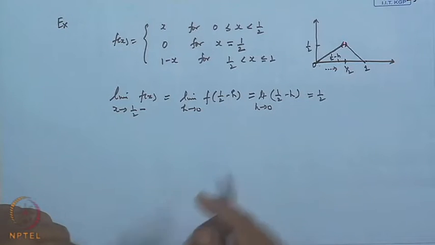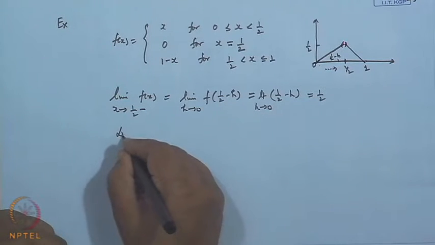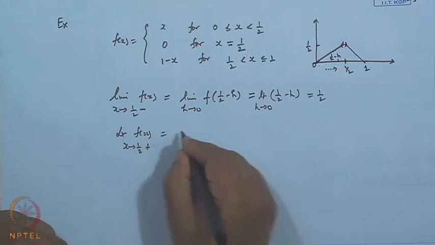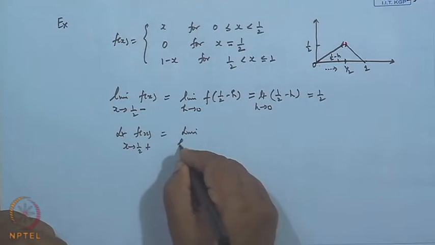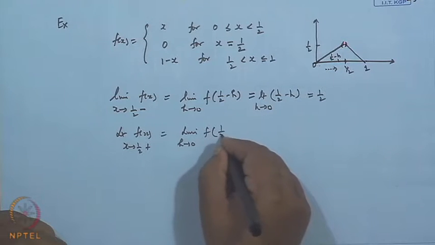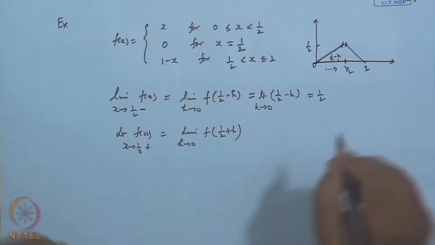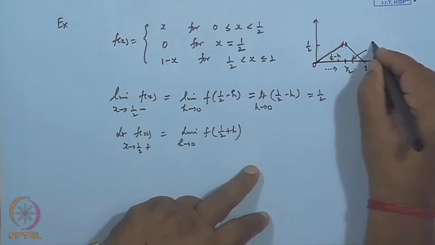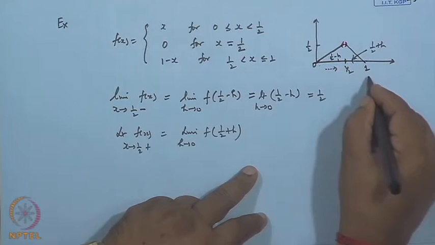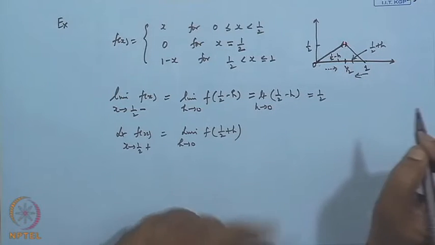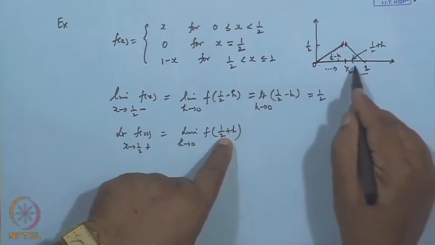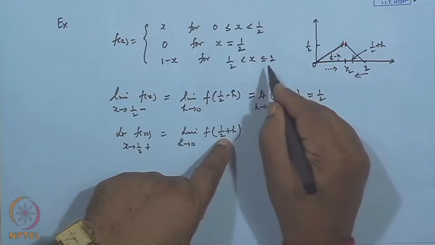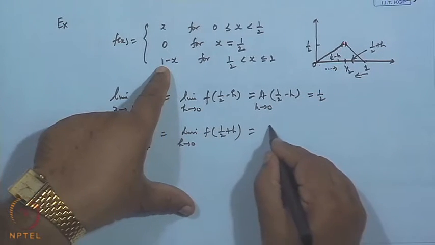Now, from the right hand side, if you look at the limit of f(x) when x tends to half from the right, this is the same as the limit as h tends to 0 of f(half plus h). Choose the point here, which is half plus h, and approach from this side. When the point is lying between half and 1, the function is defined as 1 minus x.